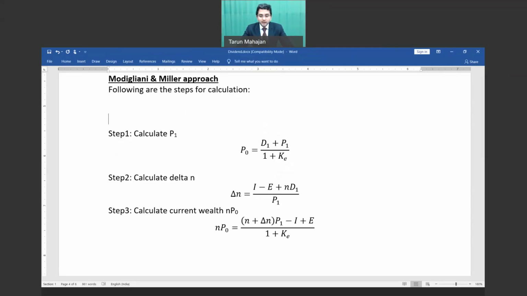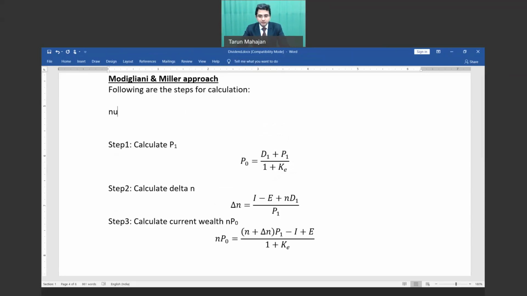Let's quickly create one example. Say, number of shares in a company are 1 lakh, and the current price per share, that is P0, is equal to 100 rupees. And say cost of equity is equal to 10%. And let's say dividend per share, if it is given at all, will be 4 rupees per share.